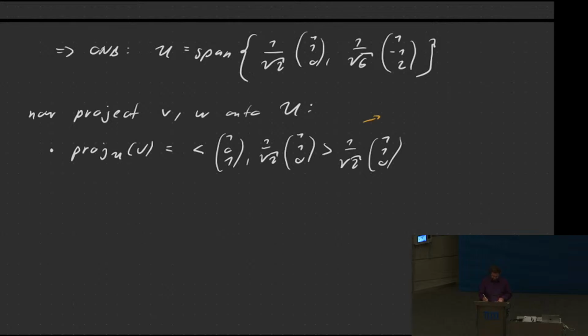Okay, so this here is the projection of V onto the space spanned by B1. And then we add the second. We just use the second basis vector here.